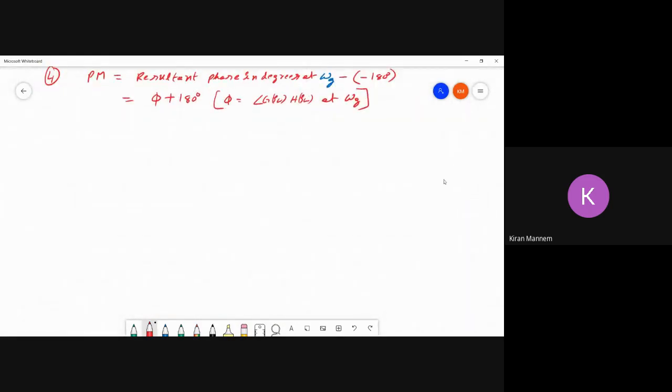As I mentioned earlier, both the phase plot and magnitude plot should be drawn on the same graph. That's why we'll get the gain margin, phase margin, gain crossover frequency, and phase crossover frequency. Okay, so let us draw the graph.